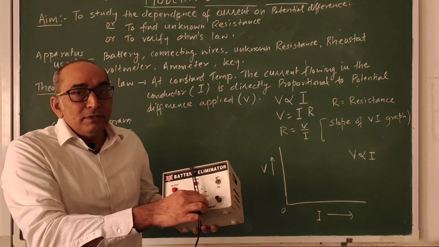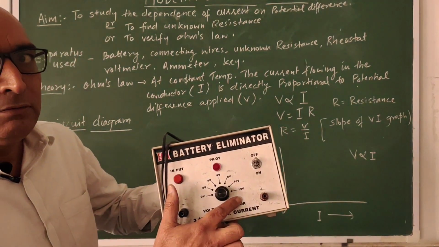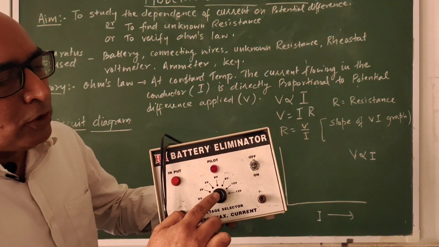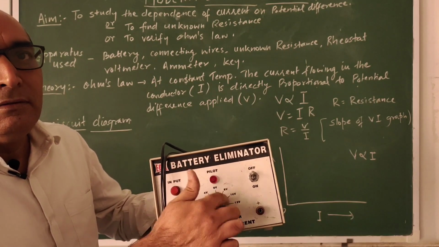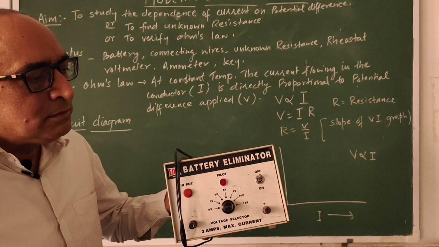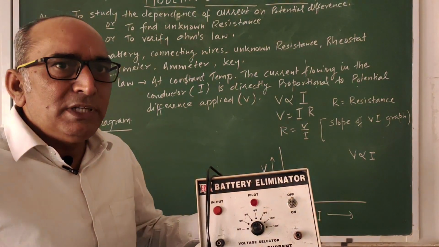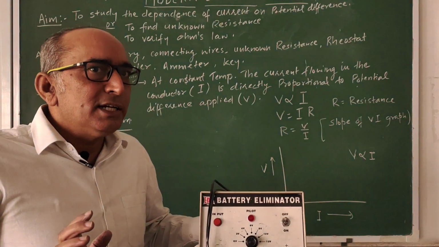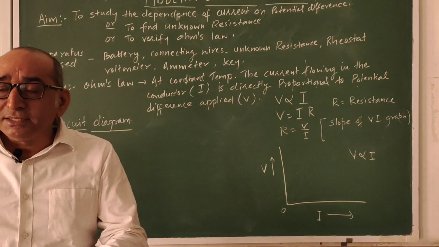This battery will give you 0 to 12 volt. This is the knob by which we can adjust the potential difference. This is on off key and this is the indicator which will tell you that current is flowing in the circuit.